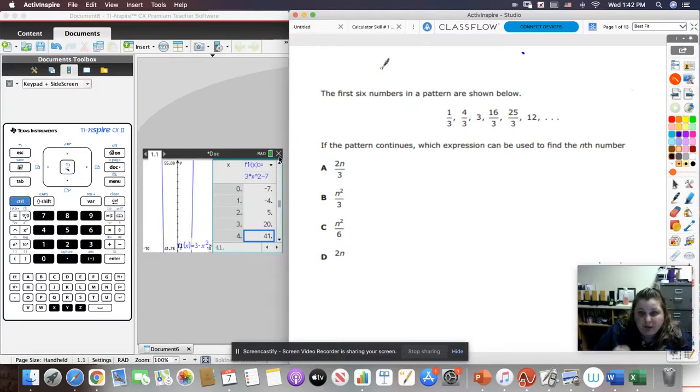Today we're starting calculator skill number 2. In calculator skill number 2, we're looking for the word pattern or sequence. Sometimes if it doesn't say pattern or sequence, you're going to recognize the problem. It's going to have a table somewhere.